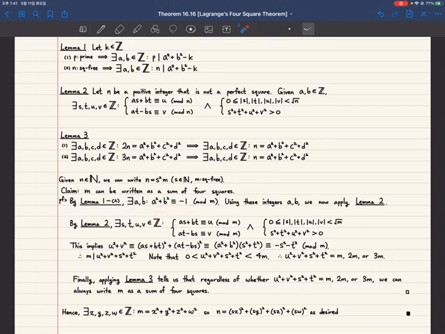We're going to use these exact integers a, b and apply lemma 2. We're given a, b here, and if we directly apply this lemma, there will exist integers s, t, u, v such that these four conditions are satisfied.